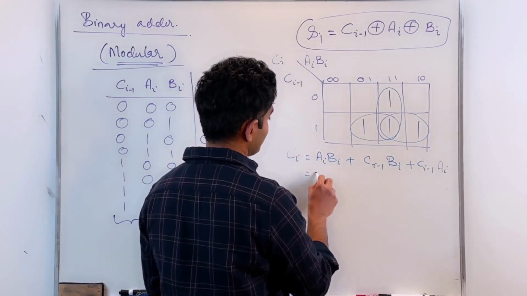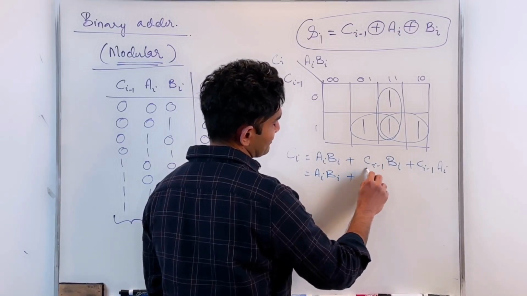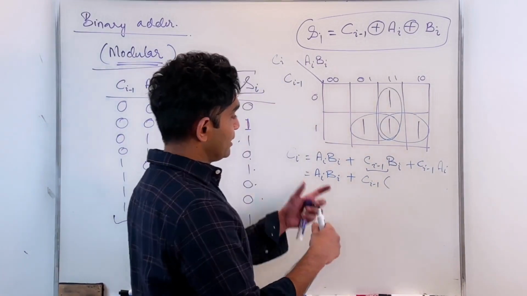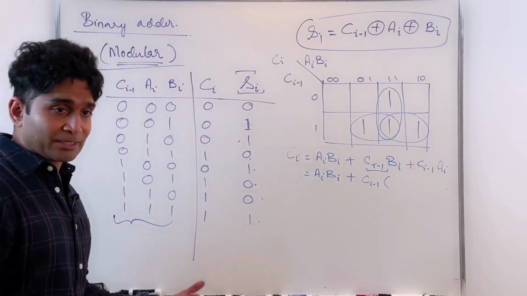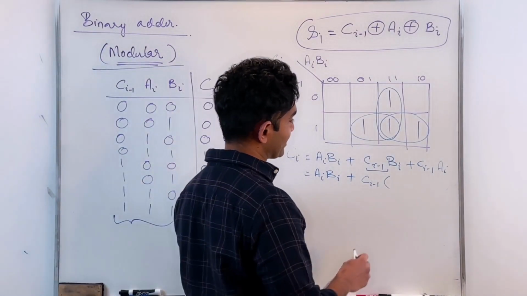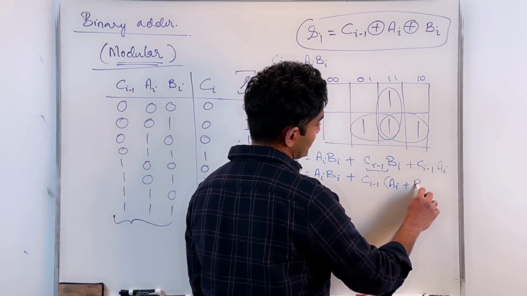Or I can write this as Ai Bi plus, I can take the Ci minus 1 as a common factor. I'm not eliminating anything. It's not going to give me any further simplification because I have chosen the right prime implicants. I don't expect it to be simplifying any further, but I'm just writing it in this format. Ai exclusive or Bi.